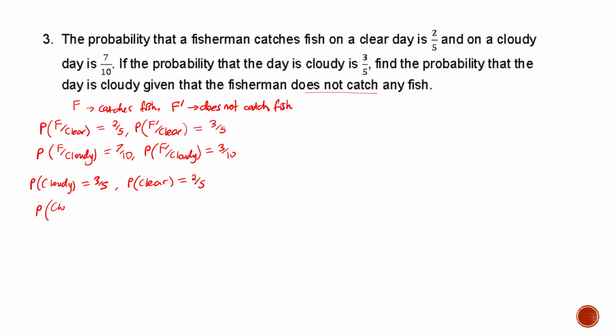The question wants the probability of it being cloudy given that he did not catch any fish. Now, you might know the formula for this conditional probability, that this is the probability of it being cloudy and him not catching fish out of the probability of him not catching fish.